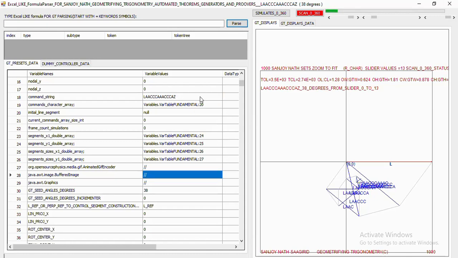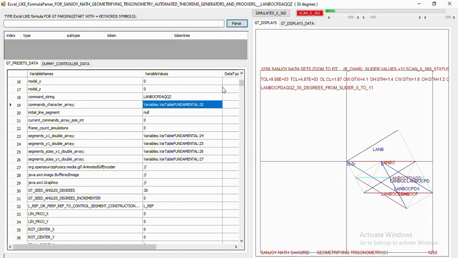We know that cos theta and sec theta multiply to 1. I have already said that sec theta is NOPQ. If we take LANBO, CP and DAQQZ, that is the cos to the power, cos and sec are multiplied.